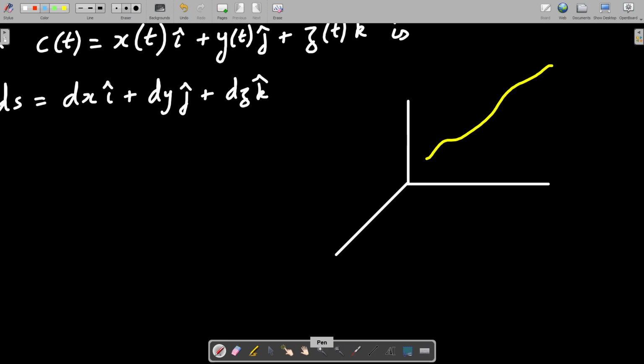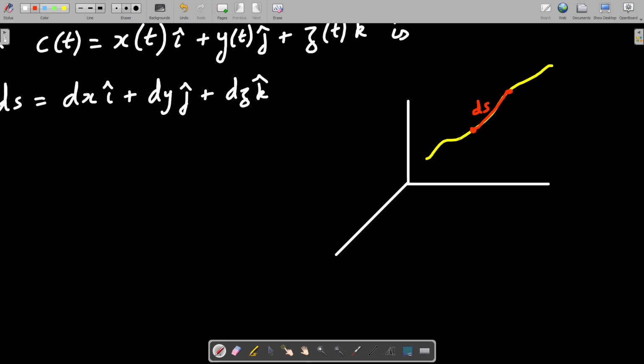So I want to measure the change of this particle's movement from here till here. Okay. Assume this is a small tiny thing, even though I'm drawing such a big picture. So this is going to be my ds. Okay.